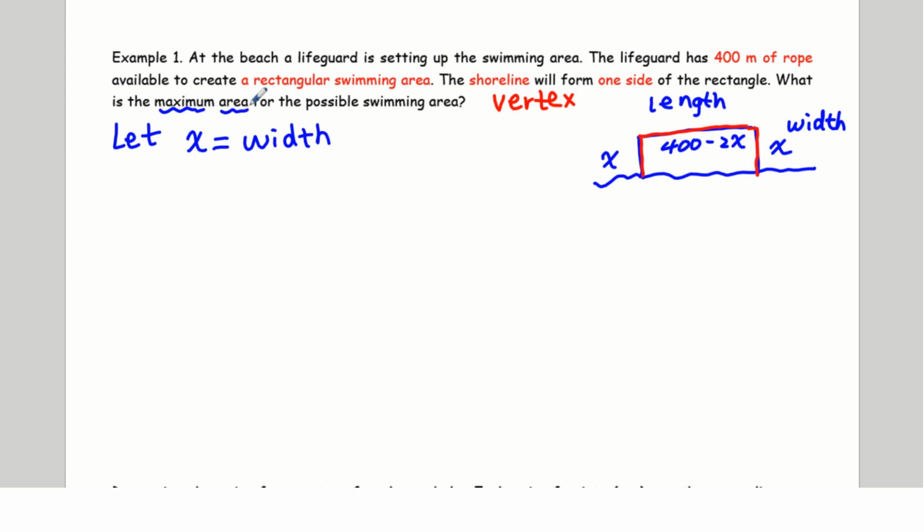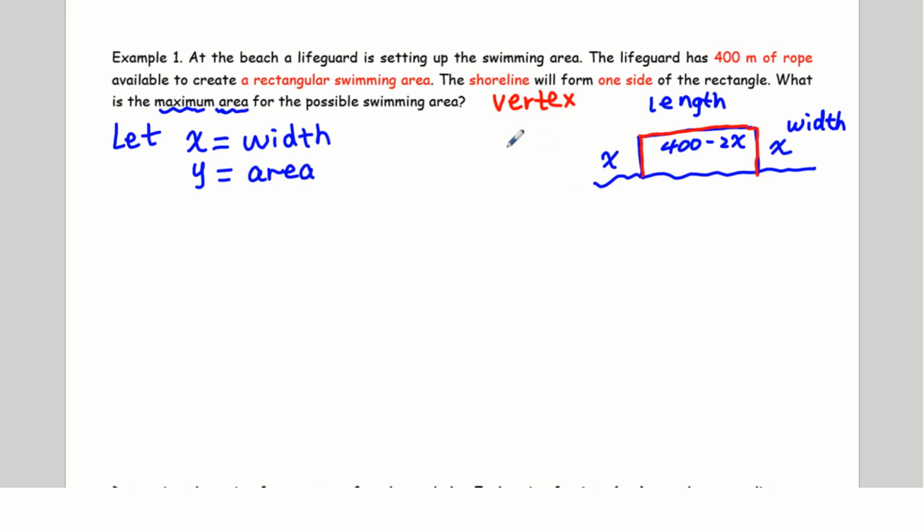We are going to introduce a variable y equals area. Whenever you are finding a maximum or minimum, we want to let y equal the word after the maximum or minimum.